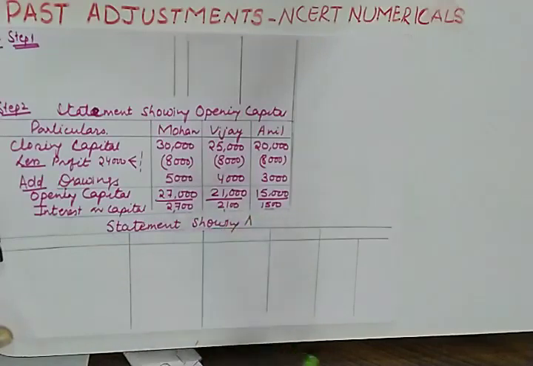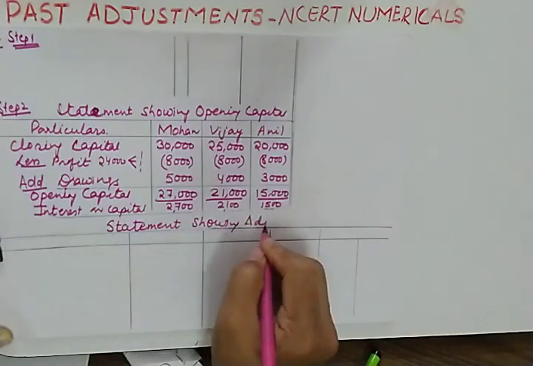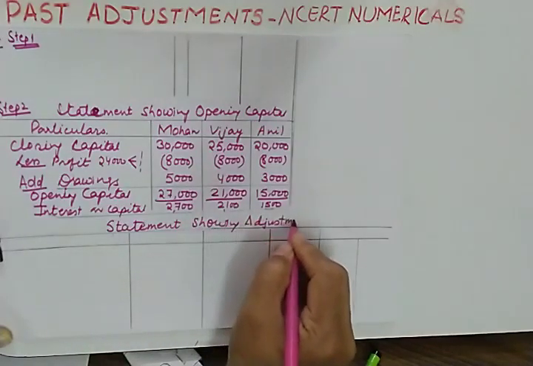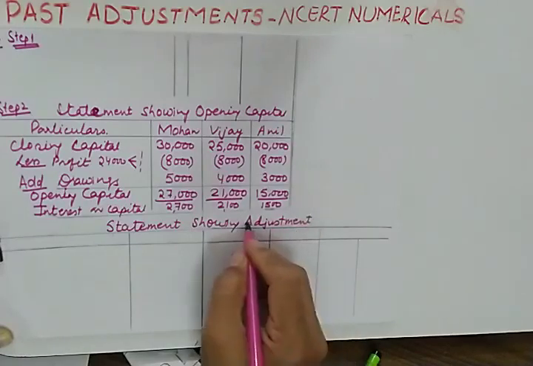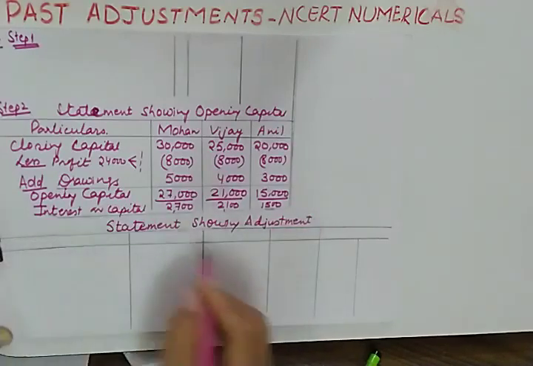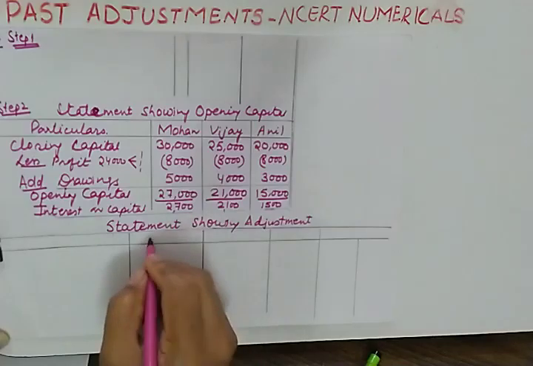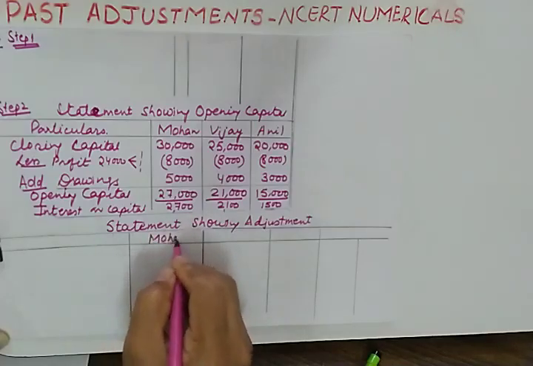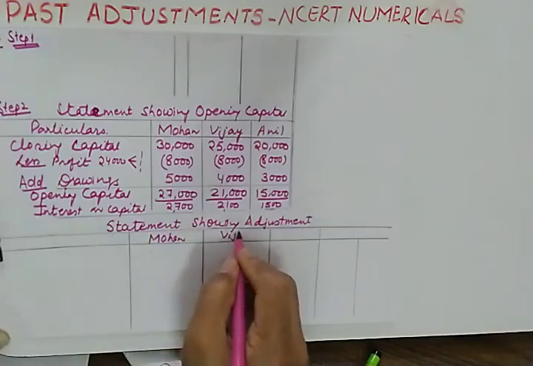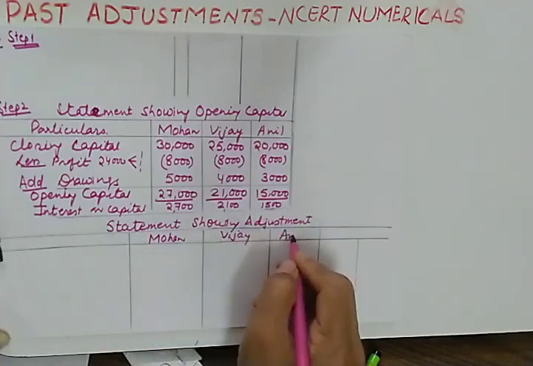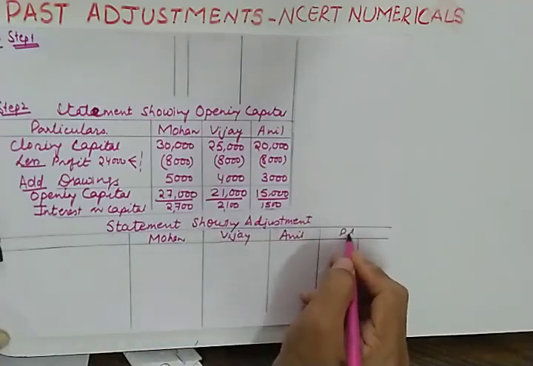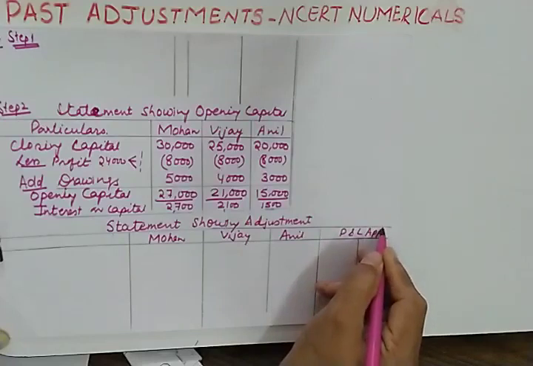And now you will be preparing the statement showing adjustment. How many columns do you need to prepare? I told you, number of partners plus 2 columns. So the number of partners is 3. This is for Mohan, this is for Vijay and Anil. And this is your profit and loss appropriation account format.